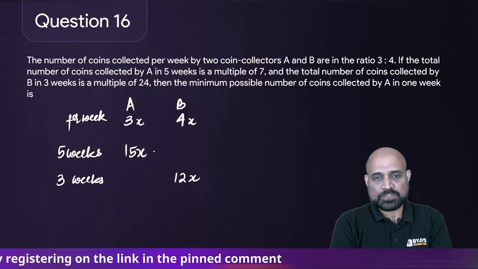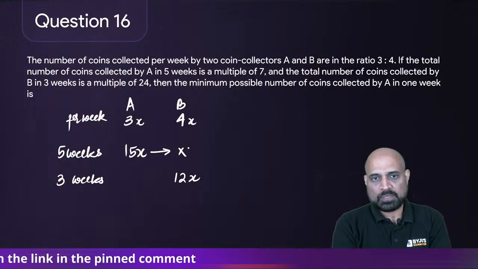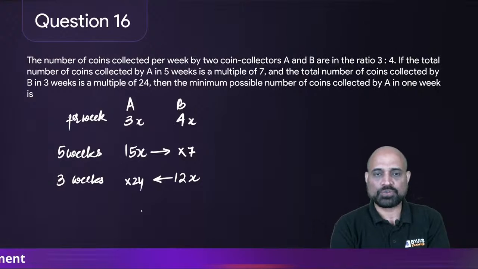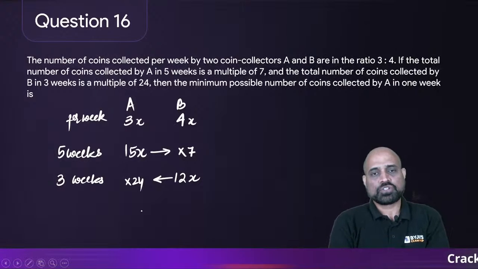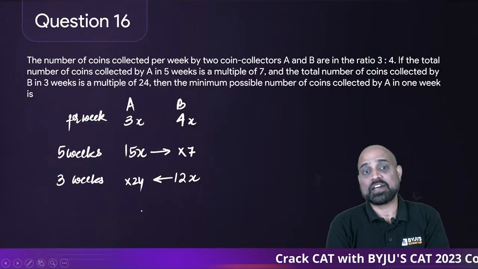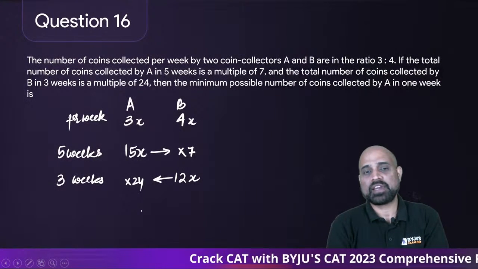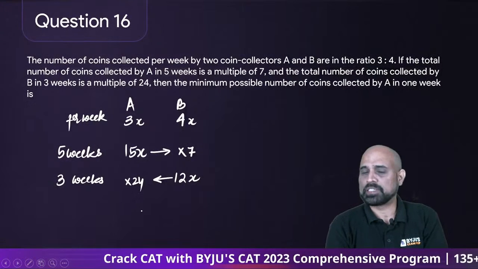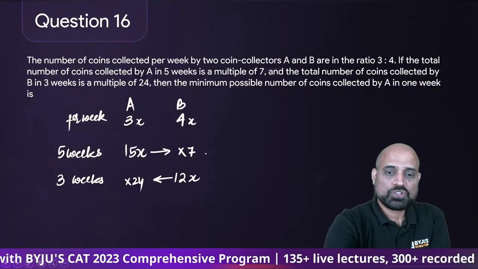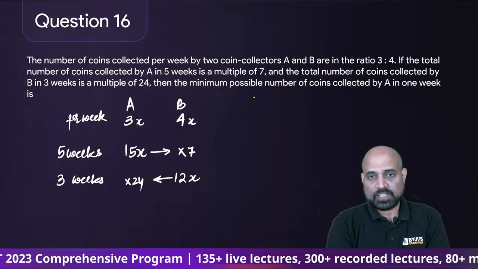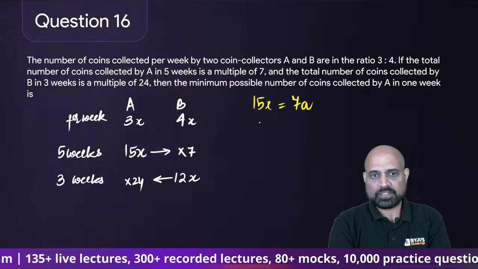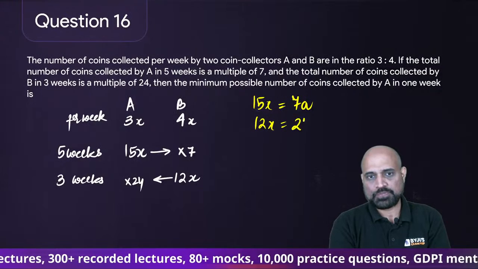It is given that this 15x is actually a multiple of 7 and this 12x is actually a multiple of 24, right? So the question asked is, what is the minimum possible number of coins collected by A in 1 week? In other words, हमें 3x पता करना है. 3x तब पता चलेगा जब x की वैल्यू पता चलेगी. So from here, we know that 15x is a multiple of 7, 7a लिख लेते हैं, and 12x is a multiple of 24.